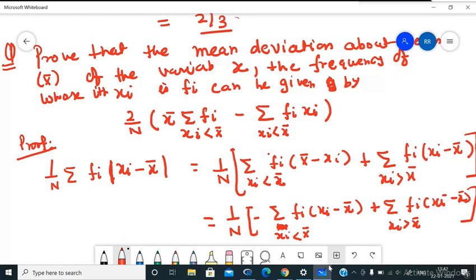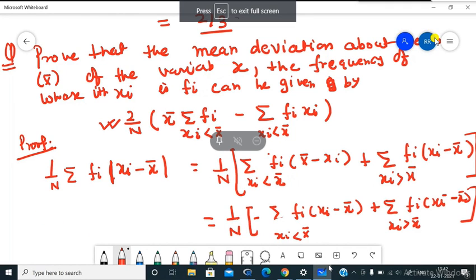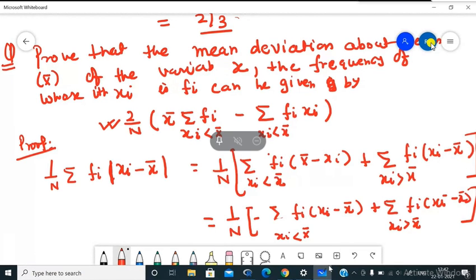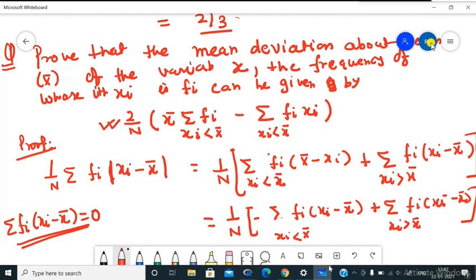So the rest of the calculation you can do, and you have to obtain this result. One thing you can use is that summation of fi (xi minus x bar) is equal to 0. Okay, so this is a result.